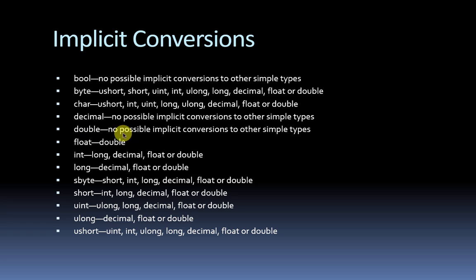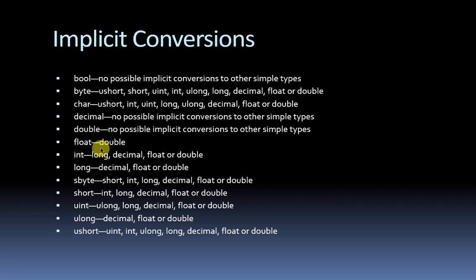Type double also has no implicit conversions to the other simple types. Floats can be represented as doubles, so any float value can be converted to a double, but not vice versa. The reason for that is a double uses twice as much memory, so it has higher precision overall. So converting down from a double to a float, which is from 8 bytes to 4 bytes of information, implicitly is going to lose information.